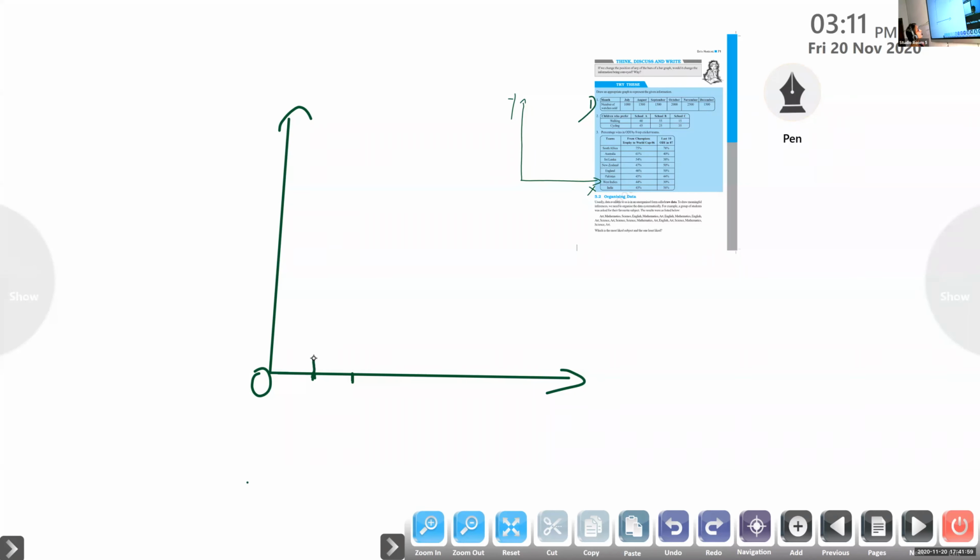So how can we take y-axis, the number of watches sold units? Number of watches sold, 500 each.